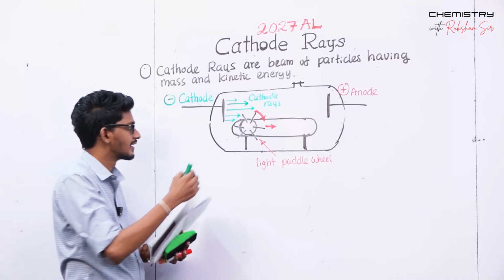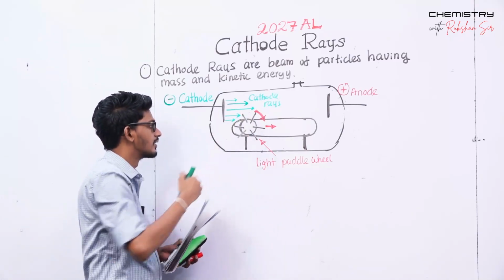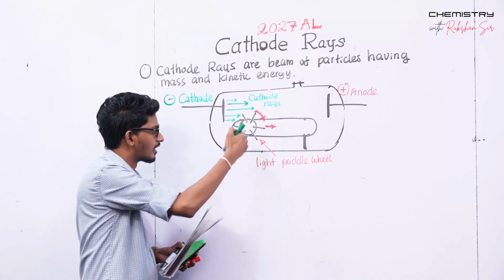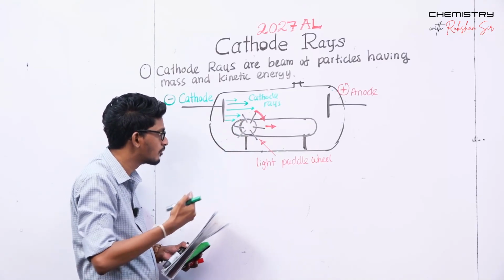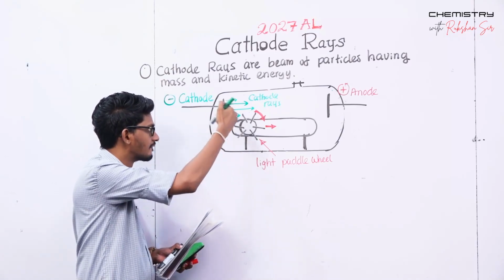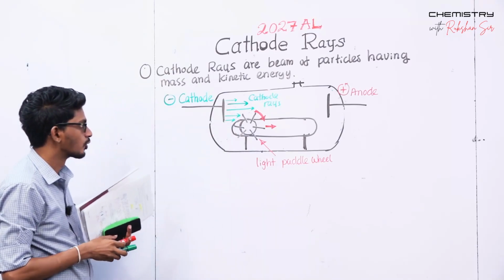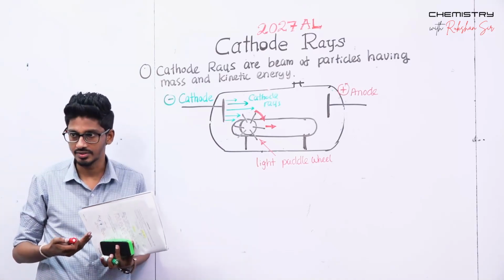That is how the paddle wheel gains some kinetic energy, and that is how it starts to rotate. Only when you have kinetic energy can you do some movements, right? So cathode rays are the ones which provided the kinetic energy to the paddle wheels.